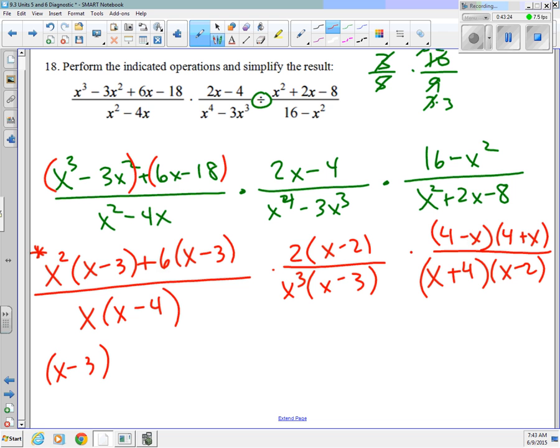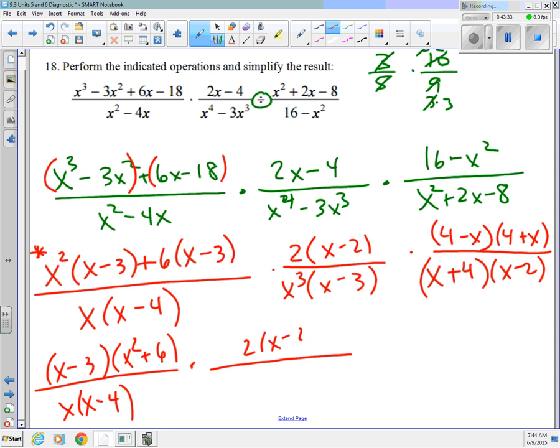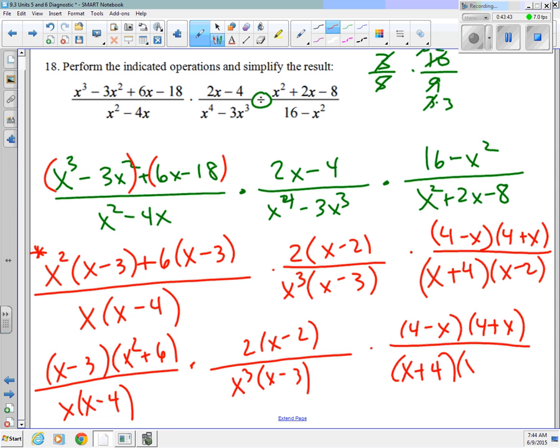So I have x minus 3 times x squared plus 6 over x times x minus 4, times 2 times x minus 2 over x cubed times x minus 3, times 4 minus x times 4 plus x over x plus 4 times x minus 2.